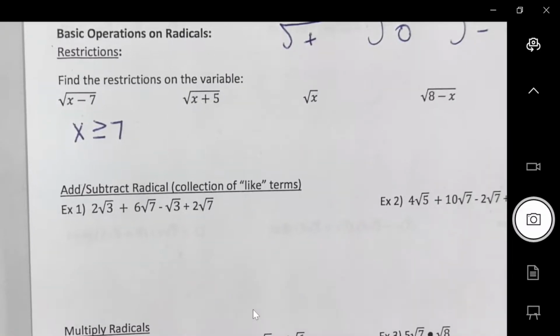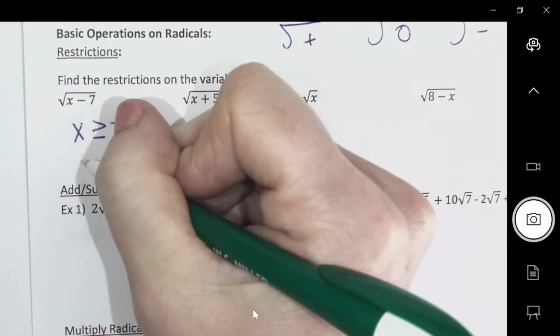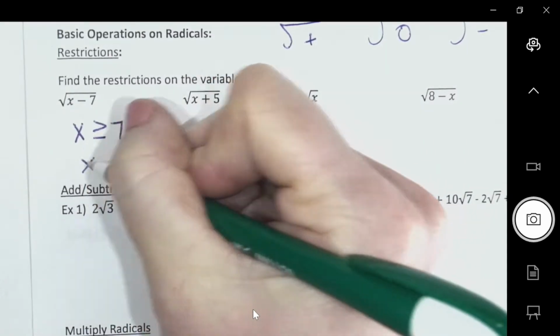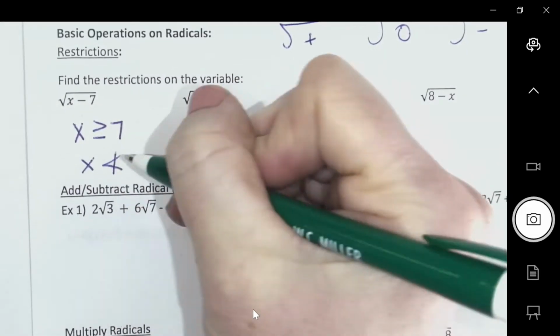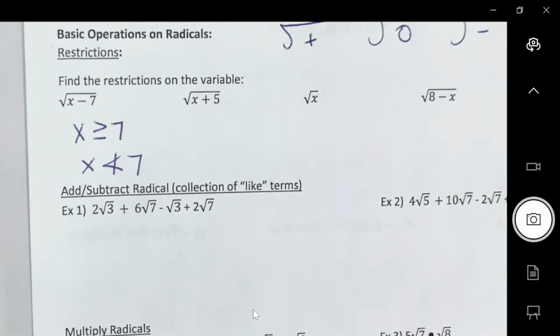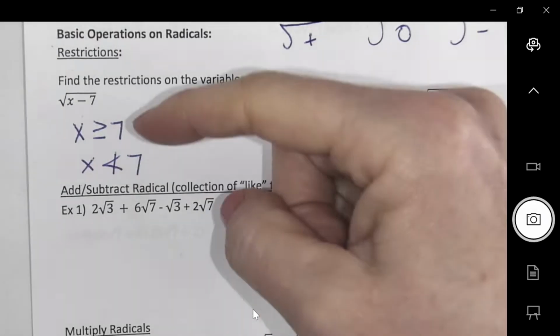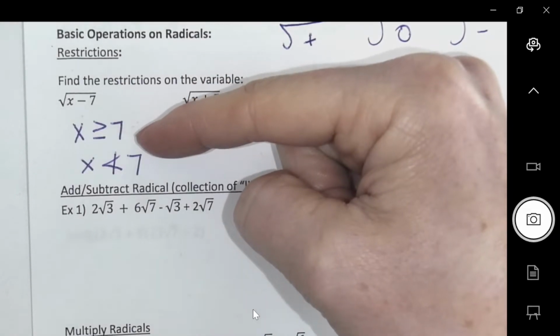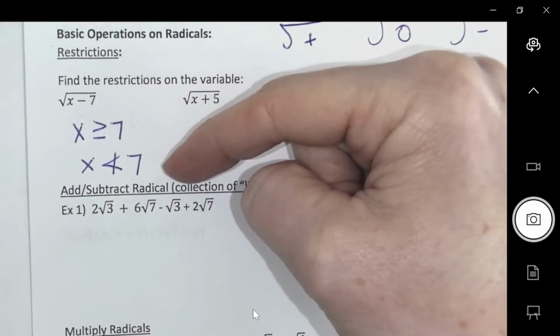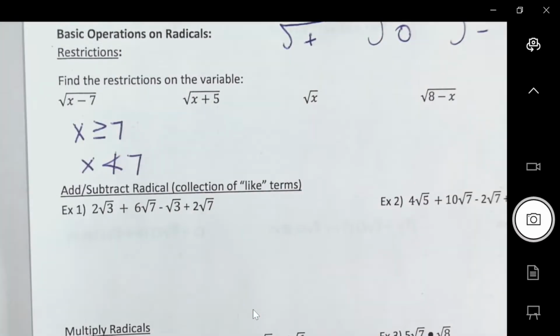You might see me express this in a different way in your answer keys as well. X is not allowed to be less than 7. So I don't care how you write it, you can pick that one or that one, whatever makes sense in your brain. You might see me writing it, I'm not sure which way I wrote it in the answer key. So X has to be bigger or equal to 7. Here I'm saying X is not allowed to be less than 7.